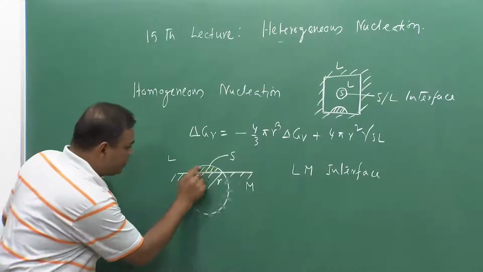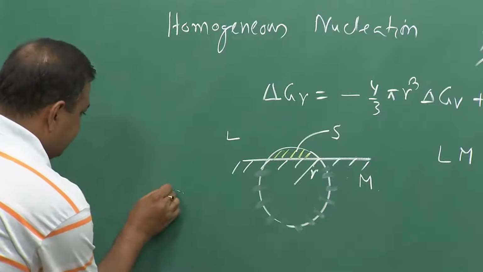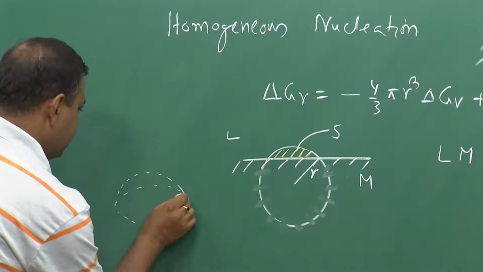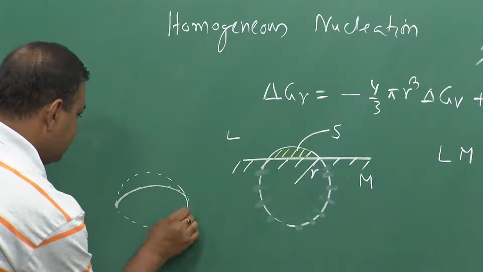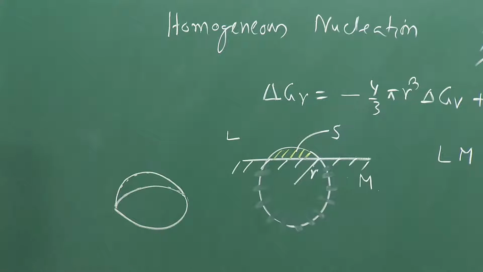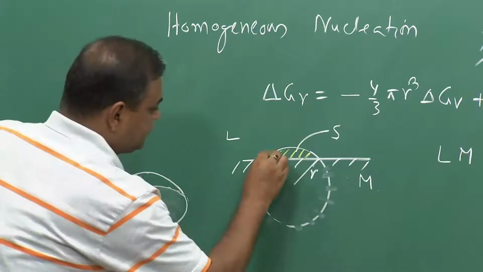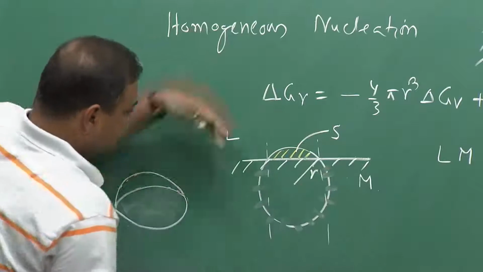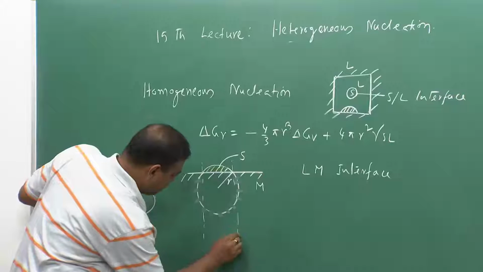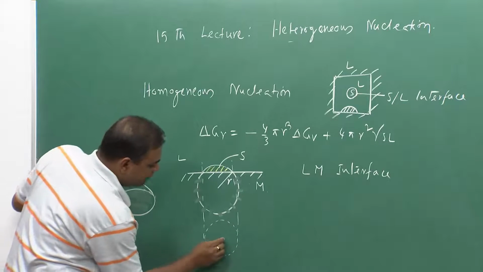Now, whenever this solid is forming on top of this, if we try to see it in 3 dimensions, it can look like this. If we look at it from the top, a projection of this section will form a circle of some radius.